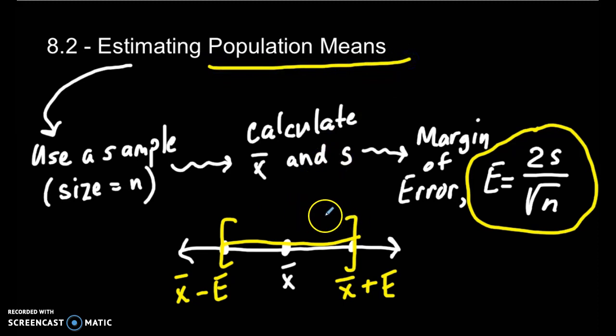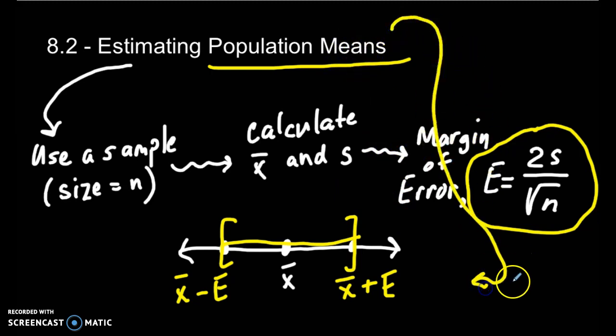By calculating the margin of error, I know that I am 95% confident that the population mean, mu, lives inside of this range. I'm 95% confident because I chose a 2 here, or 2 standard deviations.